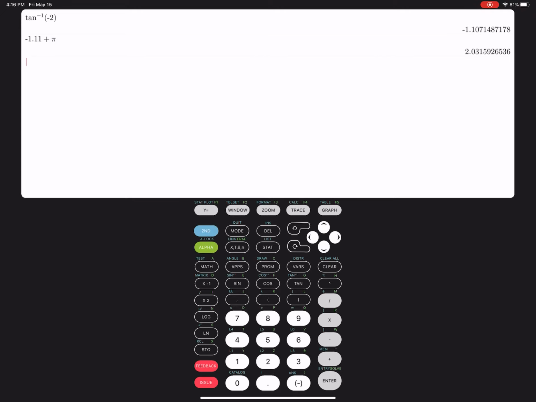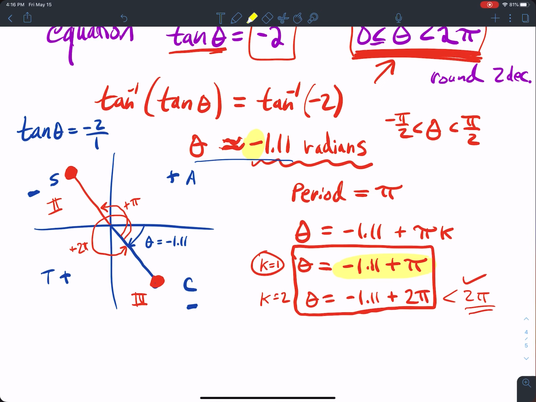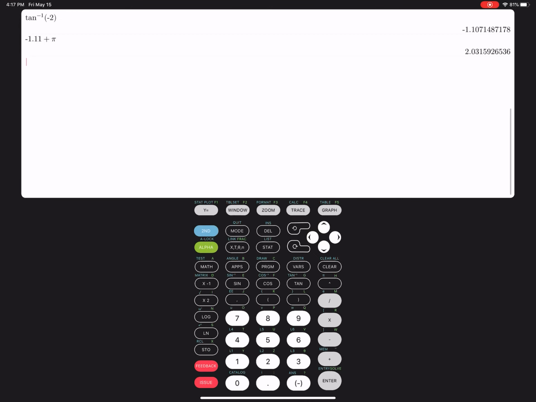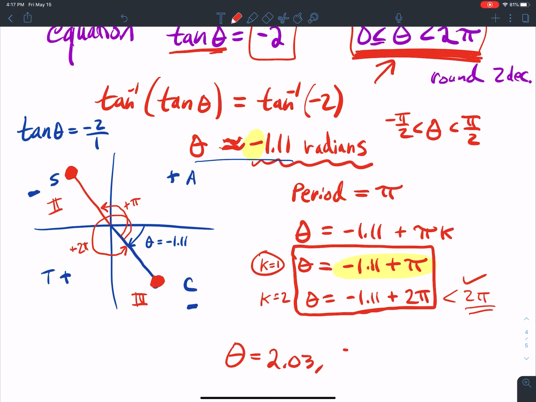gets me 2.03. So theta equal to 2.03, but also I need to do negative 1.11 plus 2 pi, which is 5.17. 5.17 is my other solution.